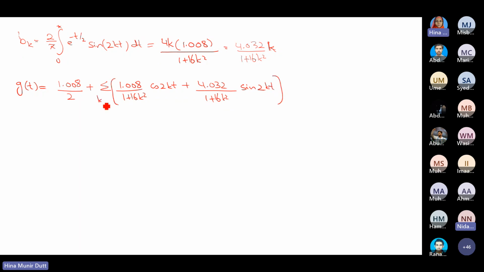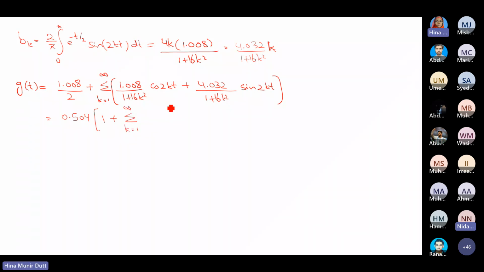This one, k is from 1 to infinity. So when I divide 1.008 with 2, I will get 0.504. So here I can take this common, 1 plus summation from k 1 to infinity.